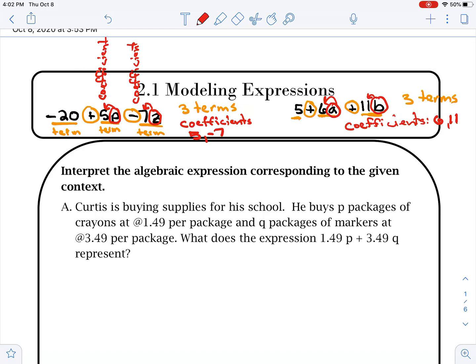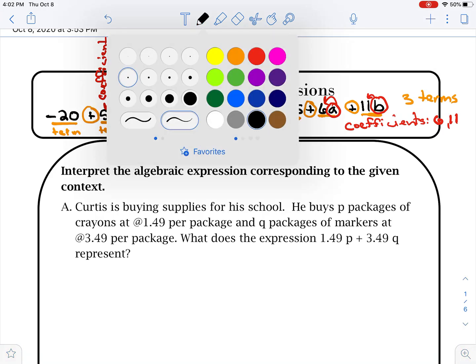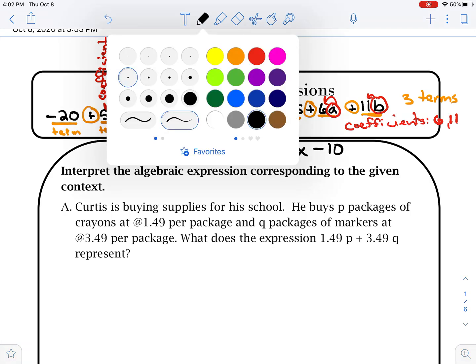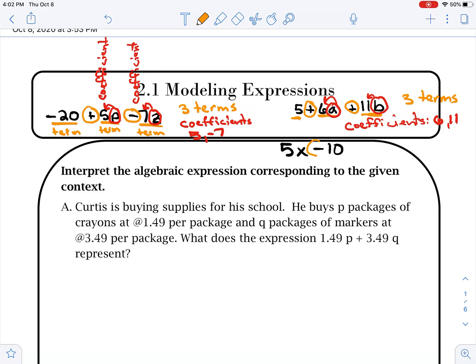I could do one more. Let's just say I make up one: 5x minus 10. Again, if I look at this, I have my subtraction sign, so that gives me two terms. And if I look at my coefficients, I only have 1 here, so my coefficient would be 5.